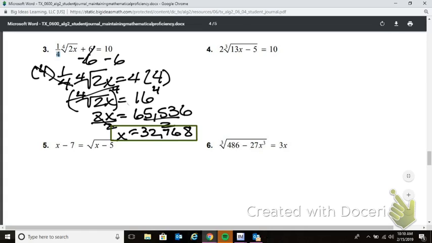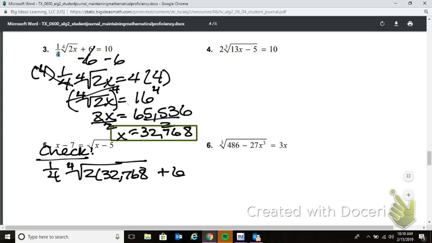All right, I'm just going to go over number 5 here since we ran out of room. We'll come back and do 5. So let's see, 1/4 times the 4th root of 2 times 32,768 plus 6 equals 10. All right, so 2 times that 32,768, we just divided by 2, so we're back where we just were, 65,536.